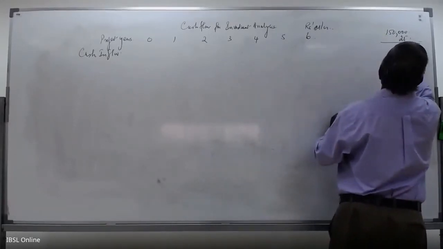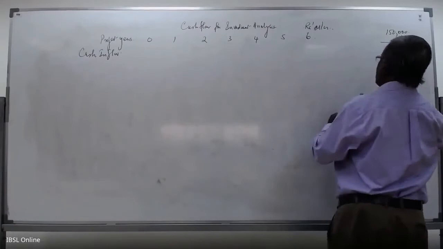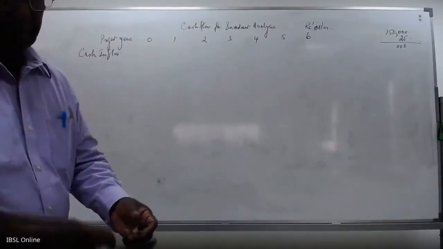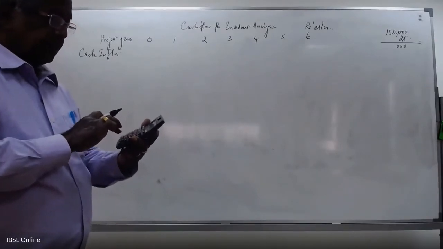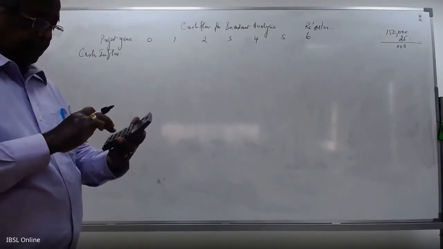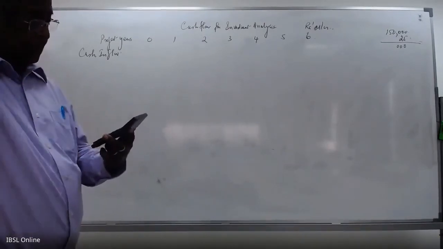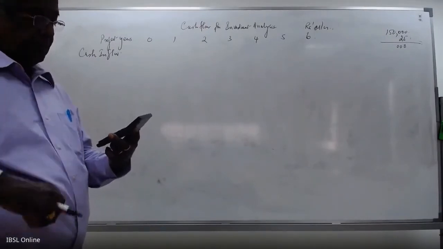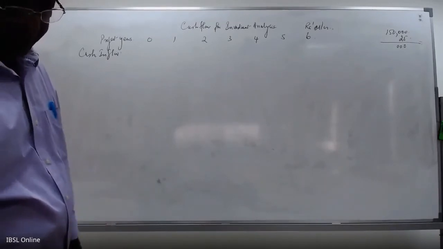So 150,000 into 25, that is 3.75 million.